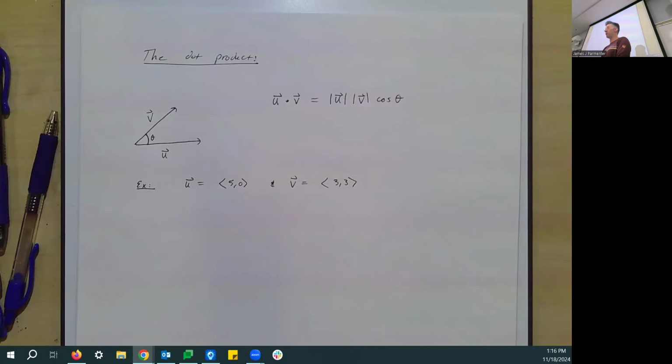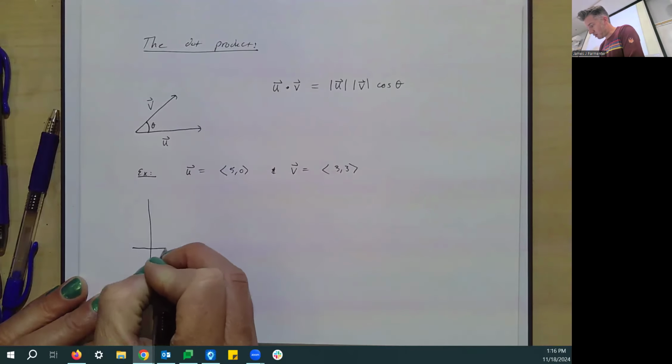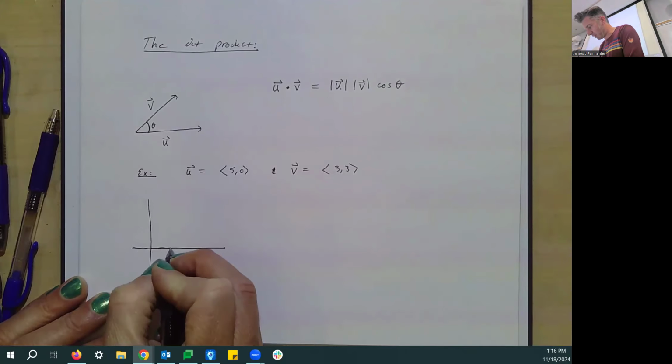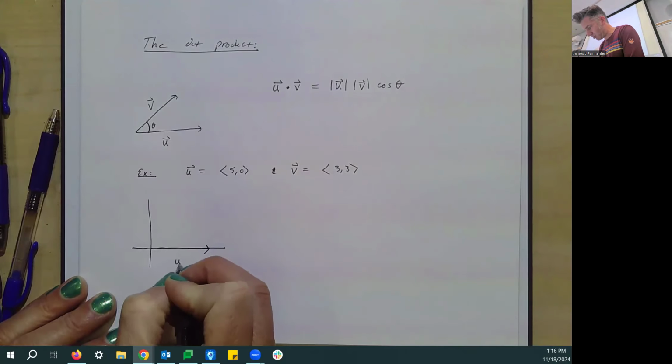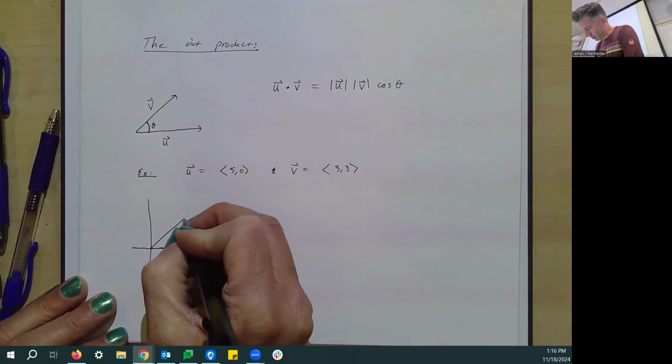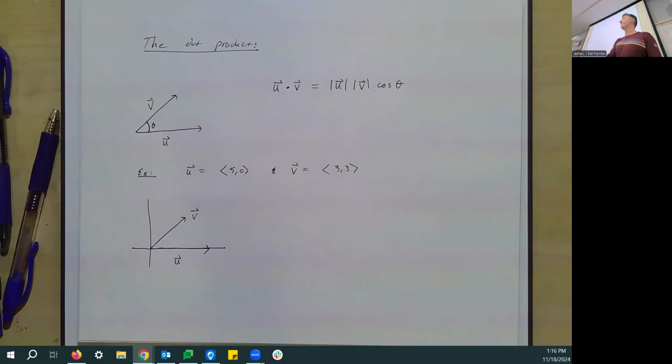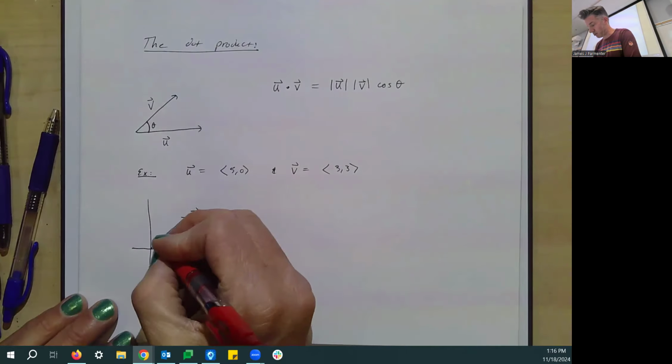This one is an example where we can. So I'm going to draw them. U is 5, 0. So there's my U. And V is 3, 3. So there's my V. And in this example, it's easy to see what the angle between these two vectors is. It's clearly a 45-degree angle or pi/4 radians.